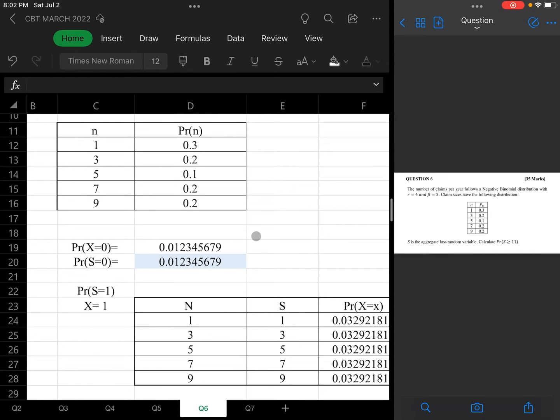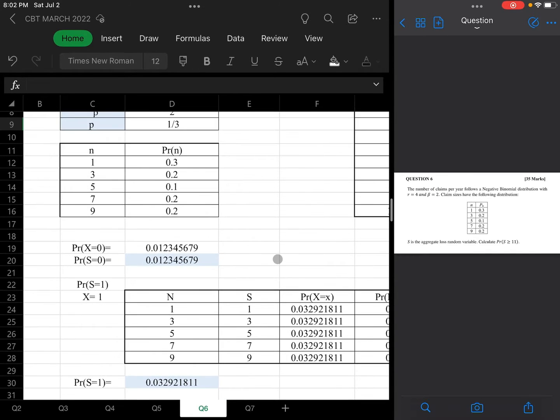Moving on, we will compute the probability of s one by one for 0, 1, 2, 3 until 10. We can start by computing the probability of s equals 0. The probability of s equals 0 is basically the probability of x equals 0 because there is no claim.